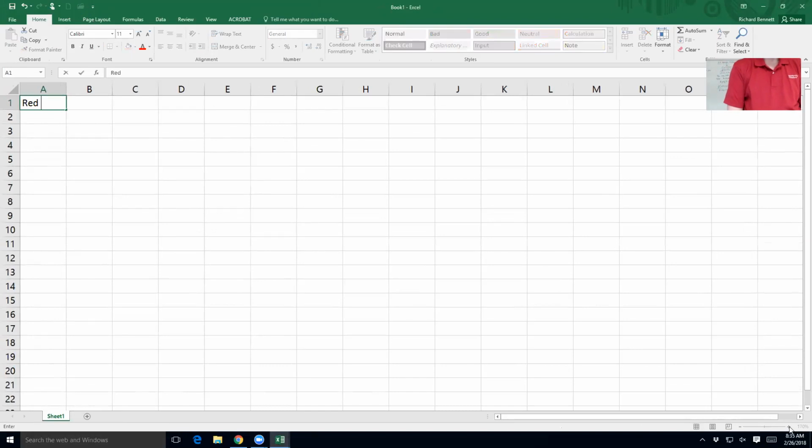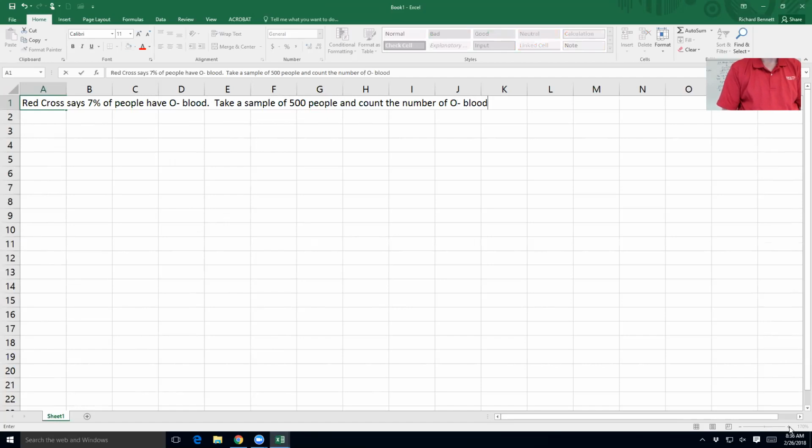the Red Cross says 7% of people have O negative blood. Take a sample of 500 people and count the number of O negative blood.